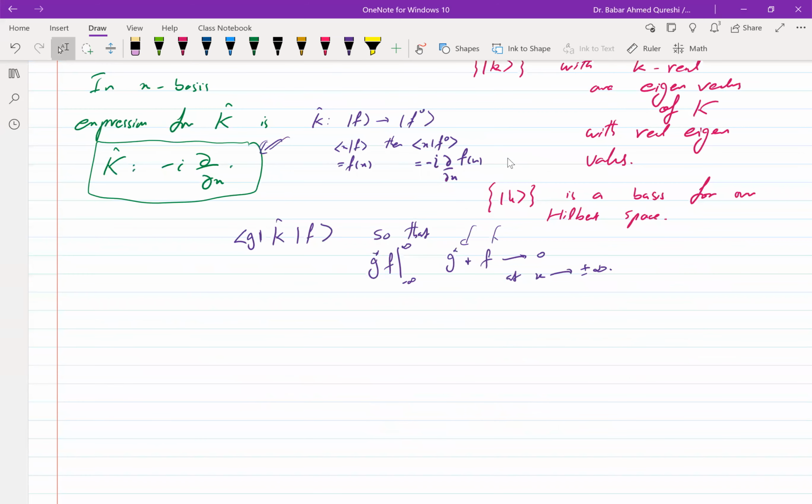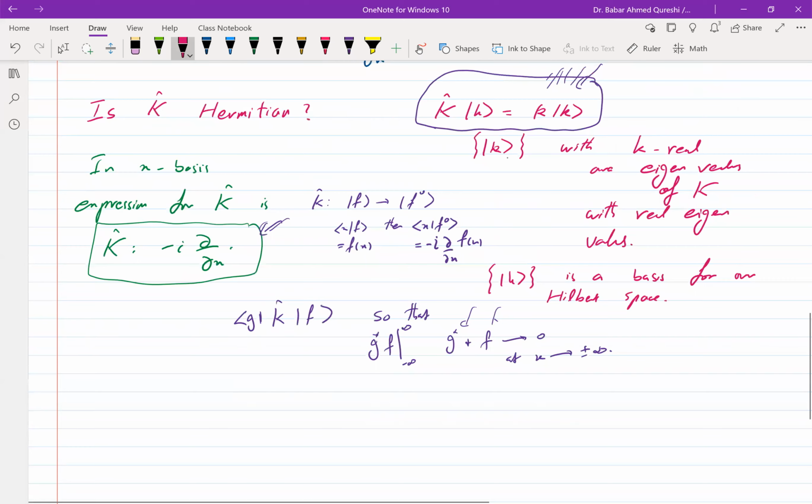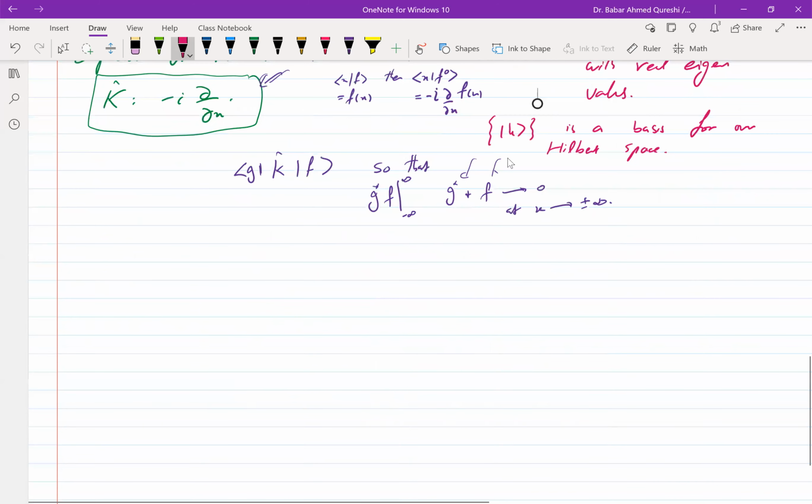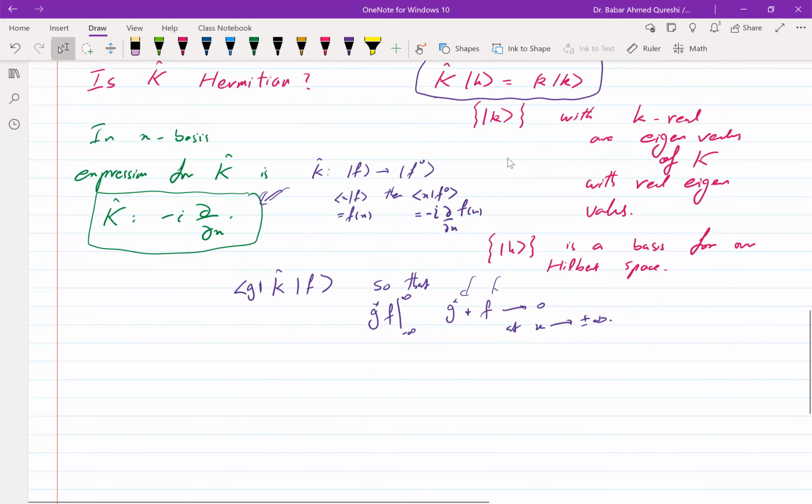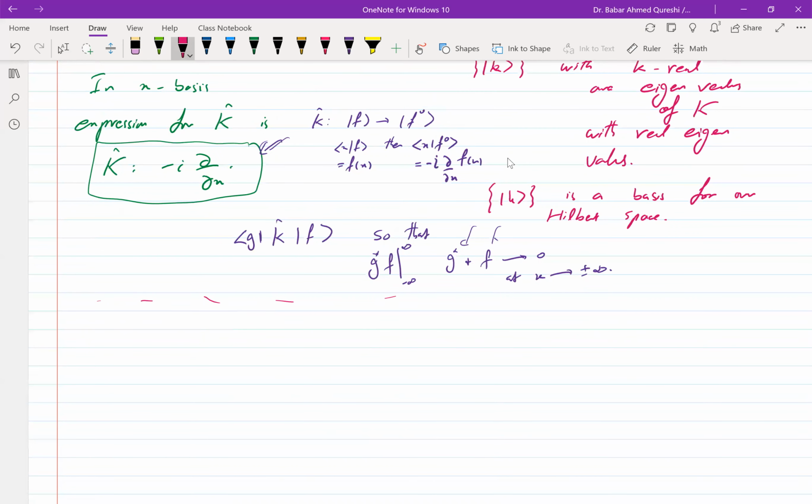Now there's a slight issue when we make a statement of this kind, when we say that we have an eigenvector of this operator. So this expression is true.